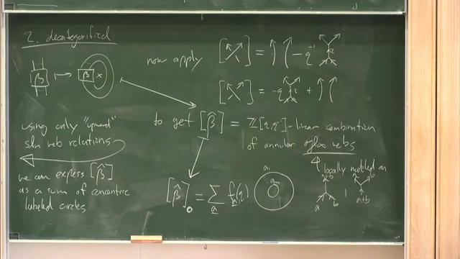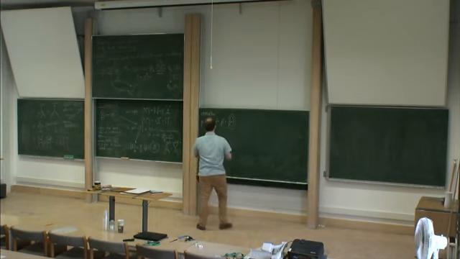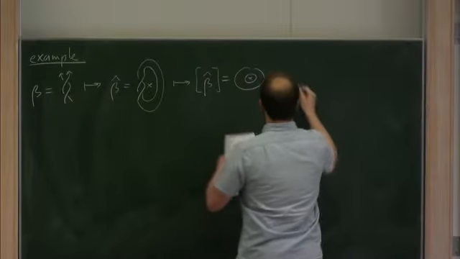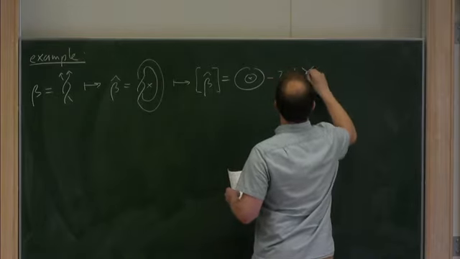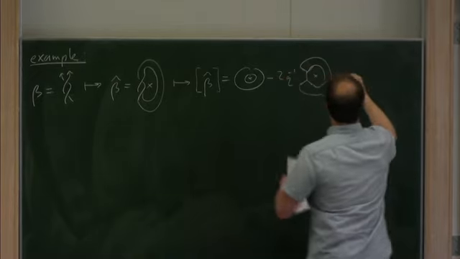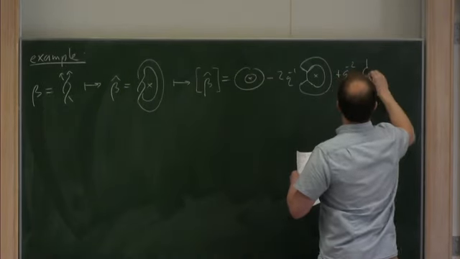So that beta maps to its closure, beta hat, which is just closing this thing, which maps to beta hat bracket, just do unlabeled circles, minus 2 times Q inverse, and something like that, plus Q to the negative 2 times something which looks like that.